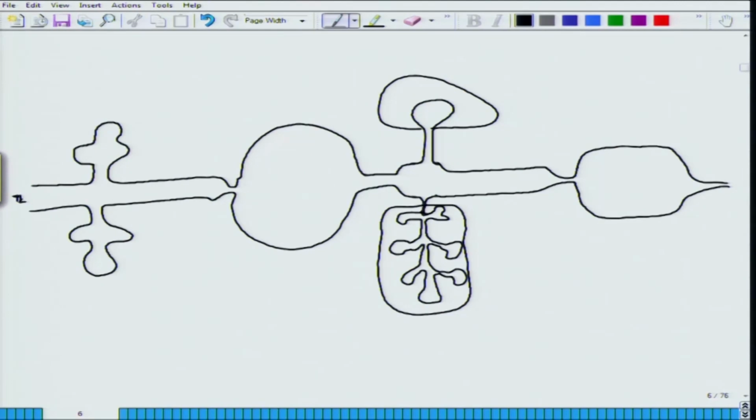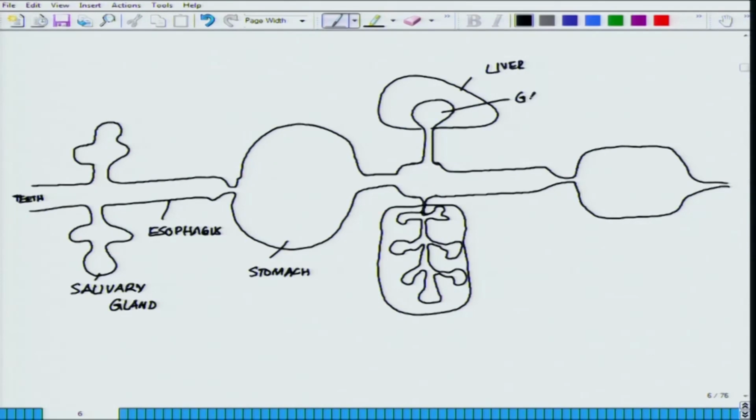Here you have the teeth, then you have the salivary gland, esophagus, stomach, the liver, gallbladder, small intestine, pancreas, the seat of the endocrine system, large intestine, anus.